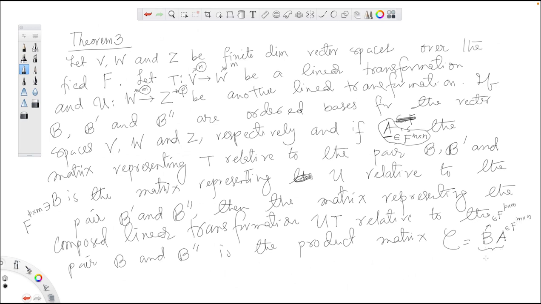So the whole thing is in F to the p cross n, right?